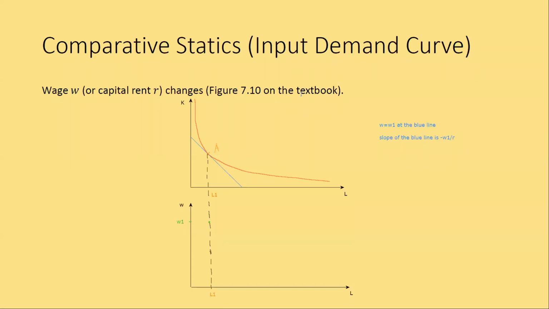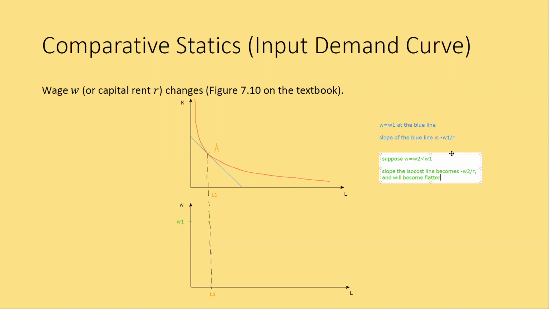Now suppose our wage decreases. So suppose W equals W2, that is smaller than W1. So the slope of the isocost line becomes negative W2 divided by R, and it is going to become smaller in absolute value, right? Because W2 is smaller than W1. So the isocost lines will become flatter.